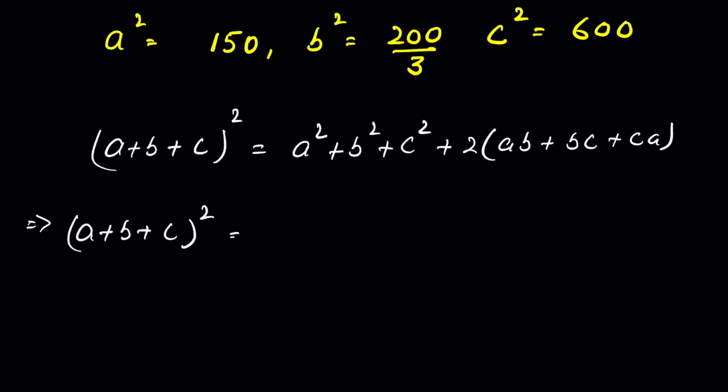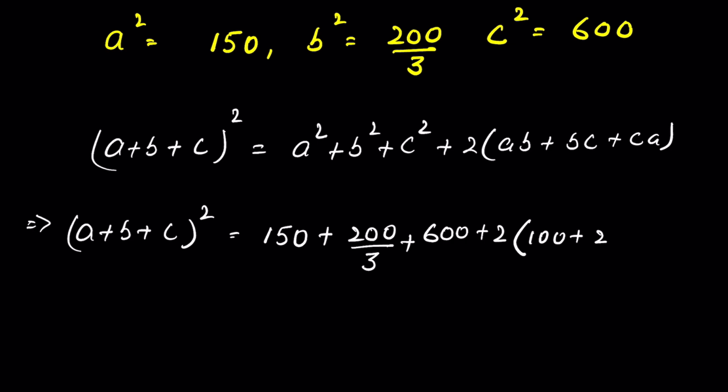Now substitute the values of A square, B square and C square. A square is 150, B square is 200 upon 3, C square is 600, plus 2, and again put the values of AB, BC and CA. AB is 100, BC is 200 and CA is 300.